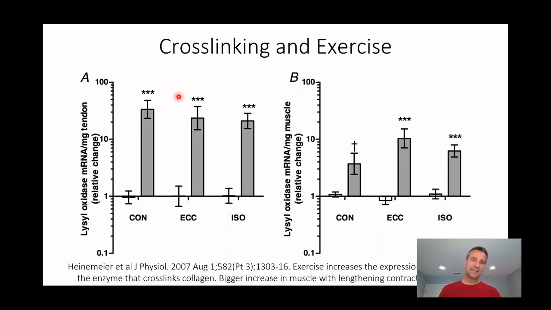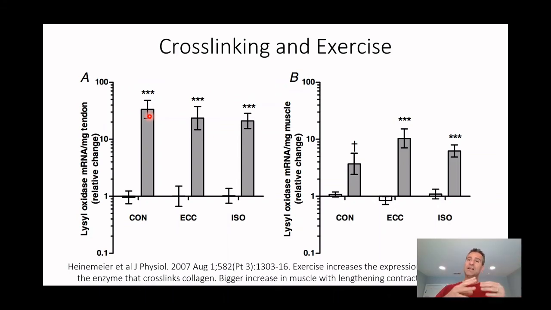And then this means, in panel A, we see in the tendon, whether you do fast plyometric training or slow eccentric training or isometric training, you're going to increase the enzyme that adds crosslinks. In one situation where you're doing plyometric, you're not breaking any crosslinks, you're increasing lysyl oxidase by 30-fold. Now you're going to add new crosslinks.